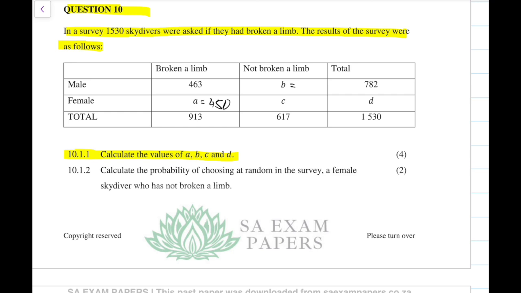Then 319 plus C to give us 617, and that's going to give us 298. Then you can add this up to get your D value, or say this plus your D gives us 1530. I'm going to go this way because it's easier numbers for me, and that's 748.